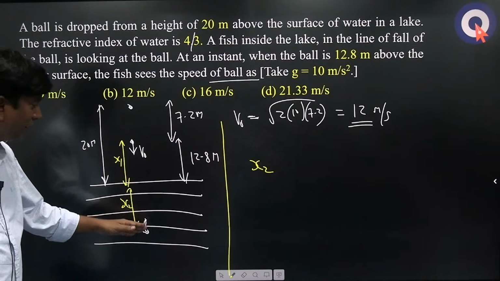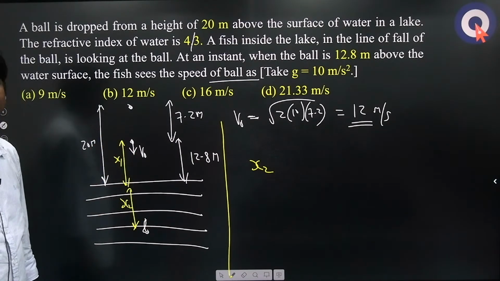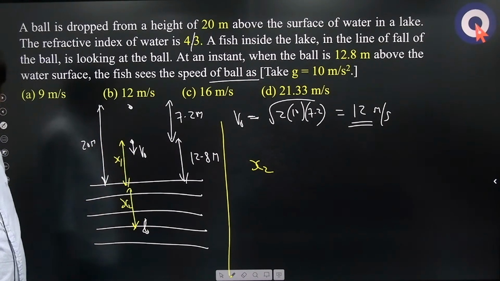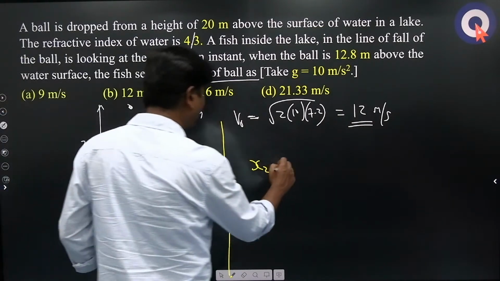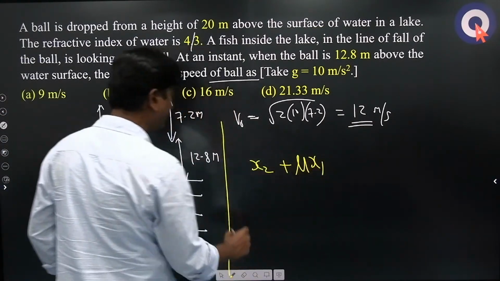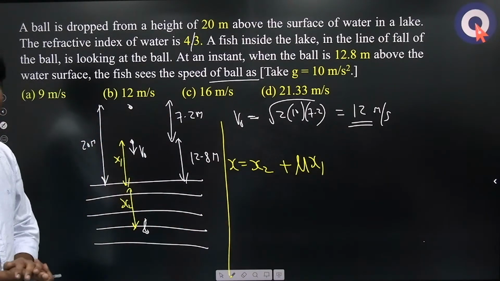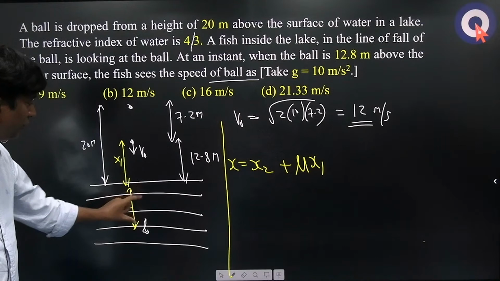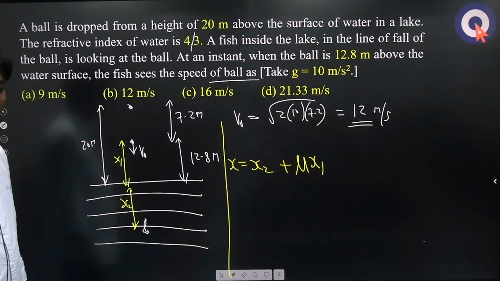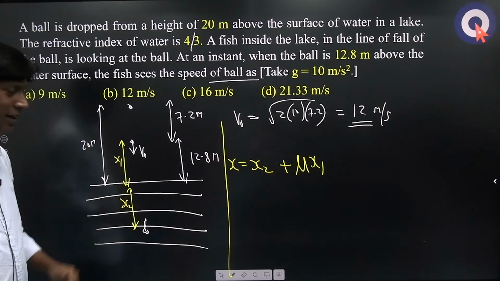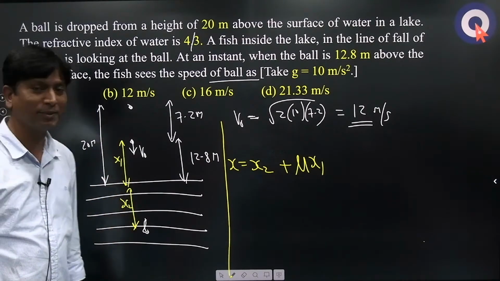Because the fish is in the denser medium, the object is in the rarer medium. This is the total distance of the ball according to the fish: x2 plus nu times x1, because the object is in the rarer medium and the observer is in the denser medium.